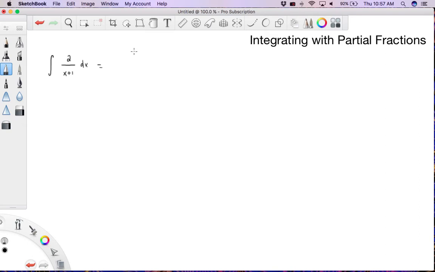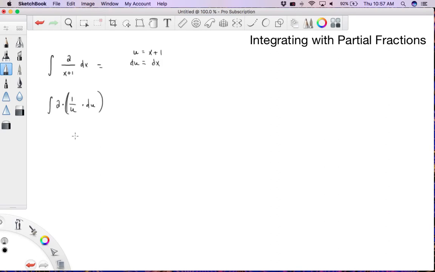then by u substitution, if we let u equal x plus 1, then our du is just equivalent to dx. Then we can substitute, and this integral becomes 2 times 1 over u times du.